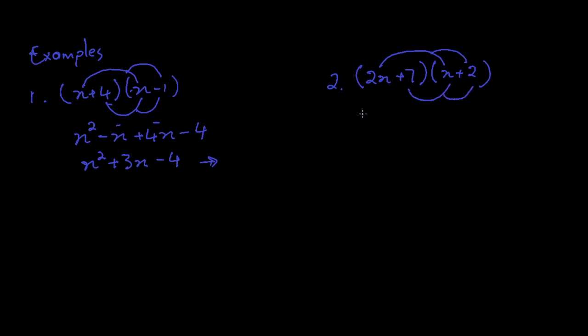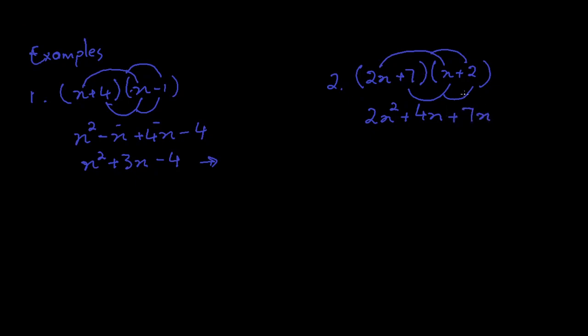Okay, so we're going to have 2x multiplied by x, that's going to be 2x squared, and this 2x multiplied by the positive 2 that side, it's going to give us 4x. We move on to 7 multiplied by x, it's going to bring us 7x.